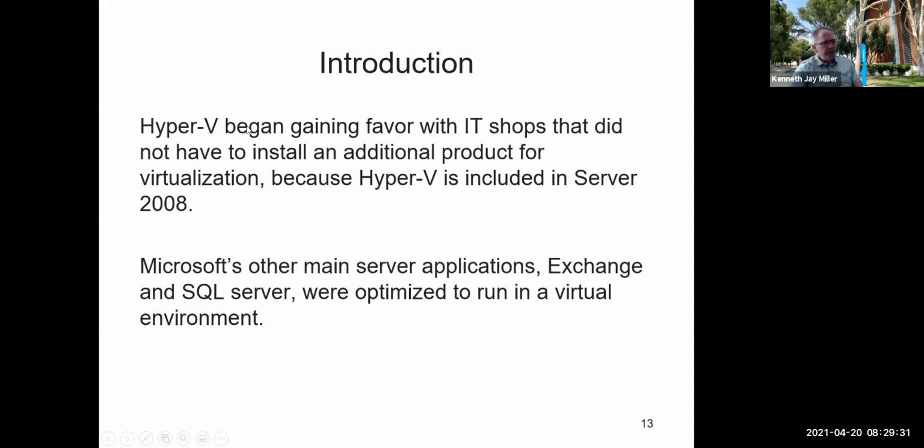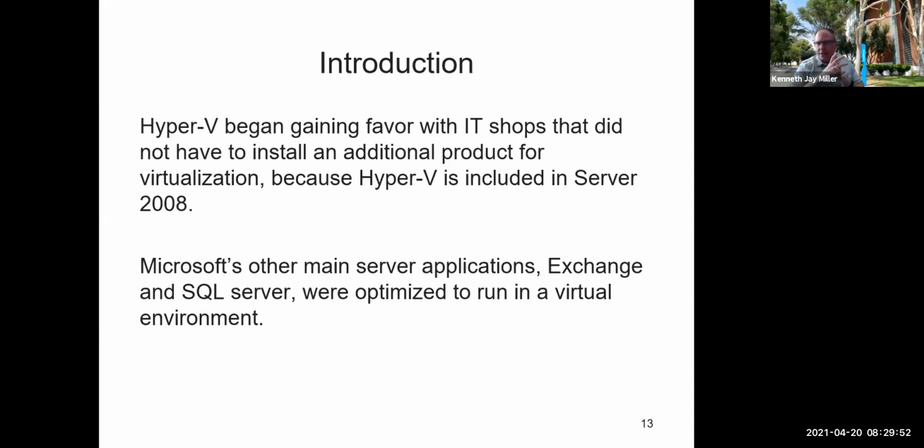Now, Hyper-V began gaining favor with IT shops that did not have to install an additional product for virtualization because it's included. So instead of having to determine, do I have another server that I can use as a training or a lab environment?